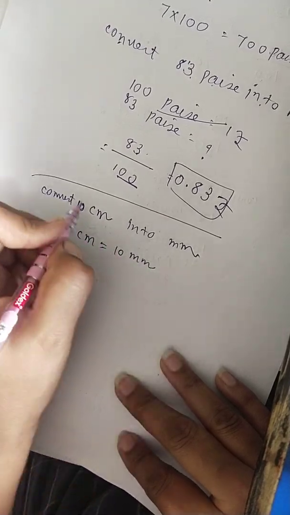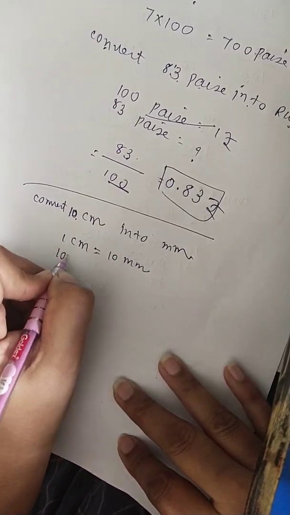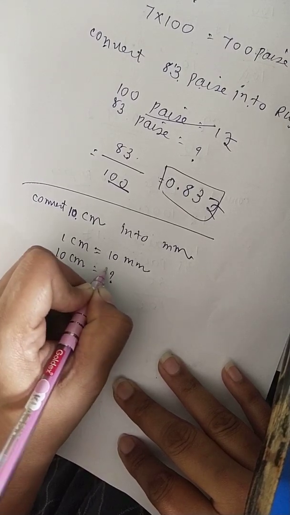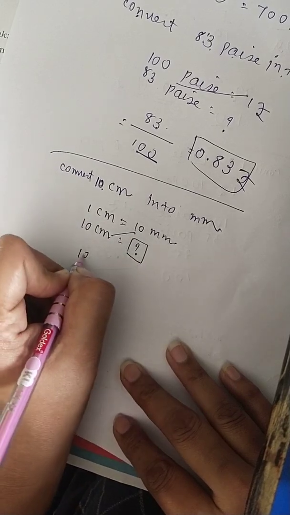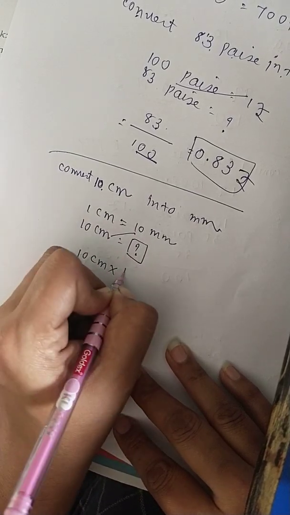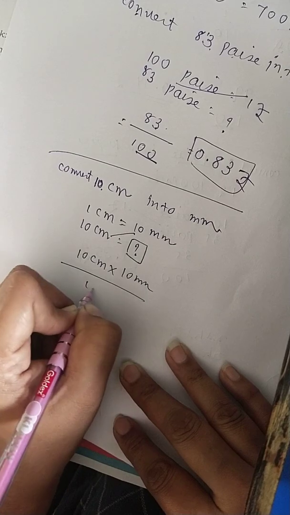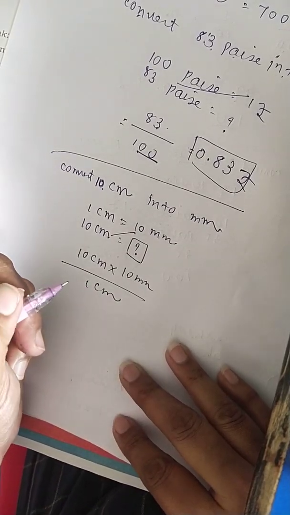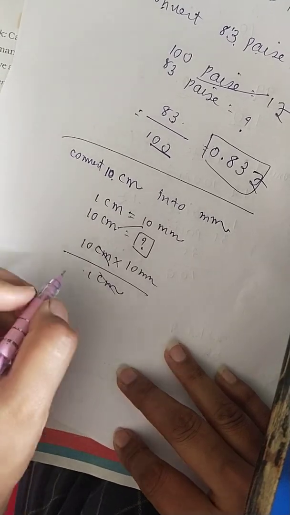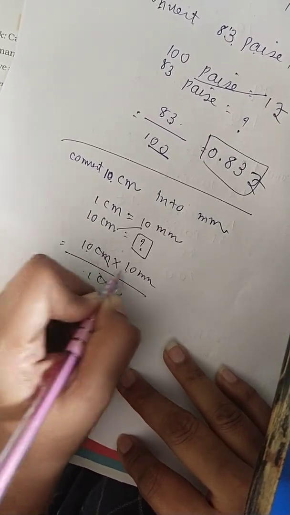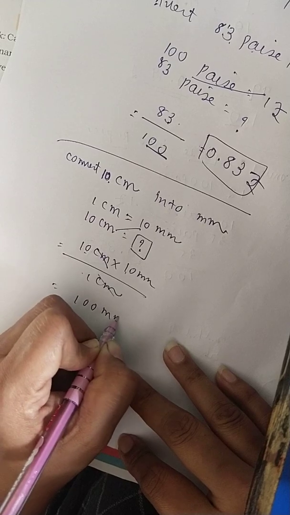Yes, 10 millimeter. We are talking regarding the 10 centimeter, which we don't know, so put the question mark. Cross multiplication, 10 centimeter multiplied by 10 millimeter divided by 1 centimeter. Centimeter cancels. 10 tens are 100 millimeter.